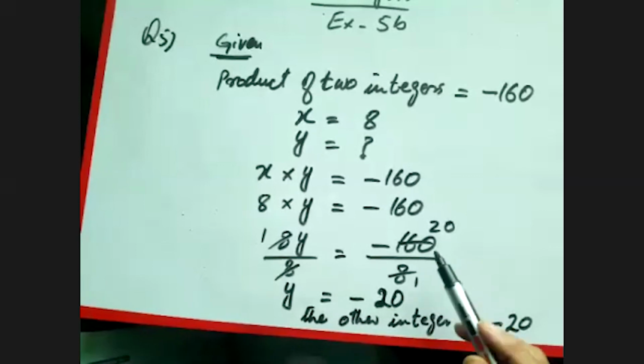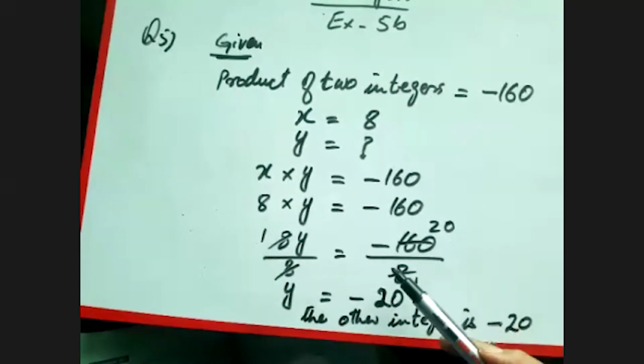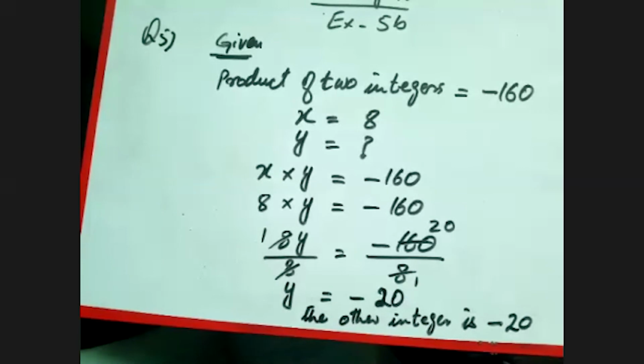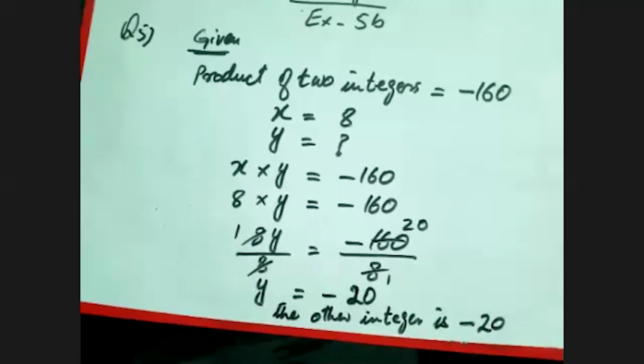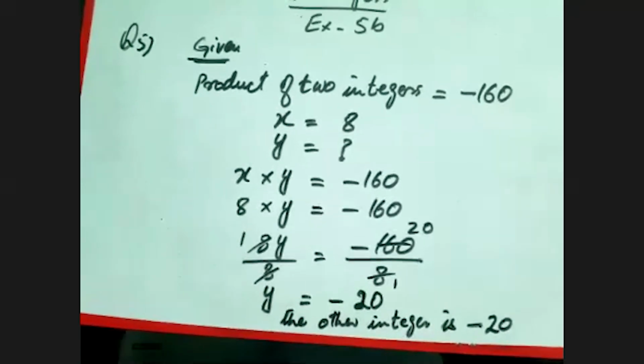You divided 160 by 8 and the signs are opposite. Opposite signs, subtraction. Same signs, addition with the answer. So when you have opposite signs in both the quantities, you will add a negative sign to the answer, as I did. Minus 20 is your answer. y is minus 20.